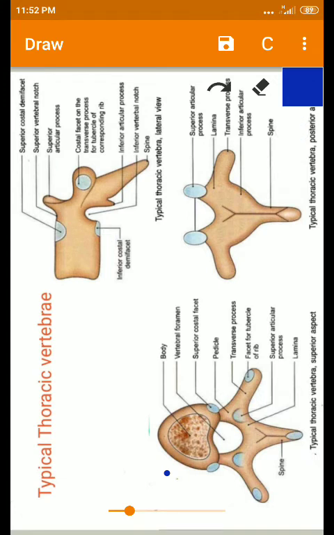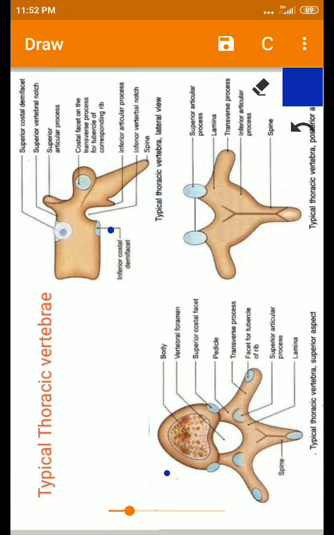When you compare the superior and inferior costal facets, the superior facets are larger than the inferior facets. The superior facets lie near the upper border, in front of the pedicle.